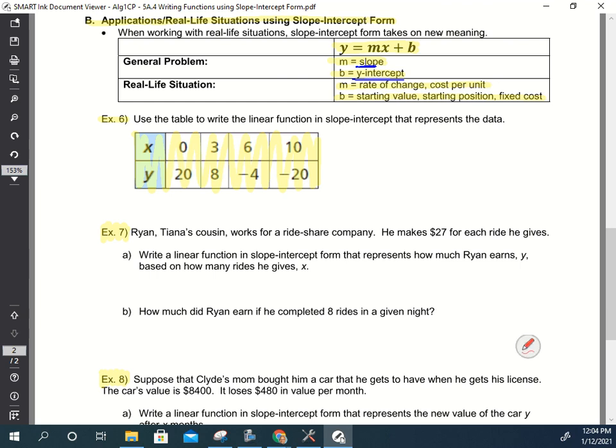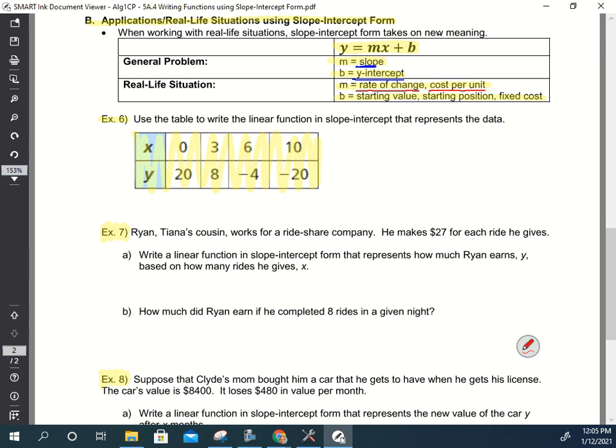Rather, the slope is called the rate of change or the cost per unit. For example, if Daniel works a job and he gets paid $15 an hour, 15 is the slope, because that's how much he gets paid per hour.